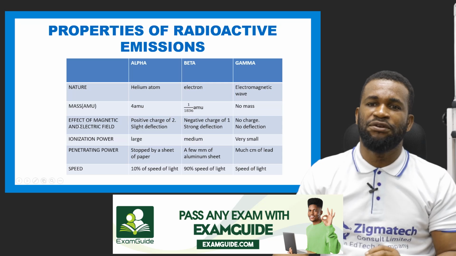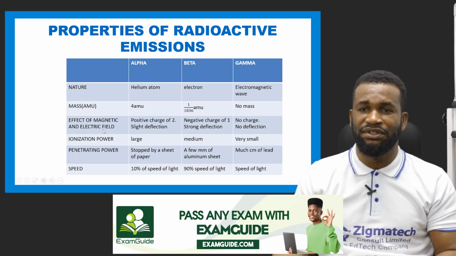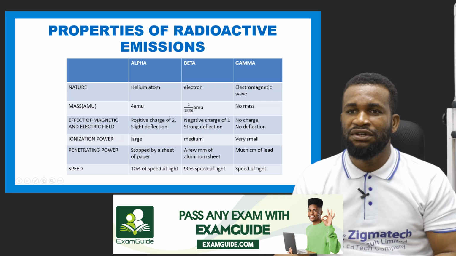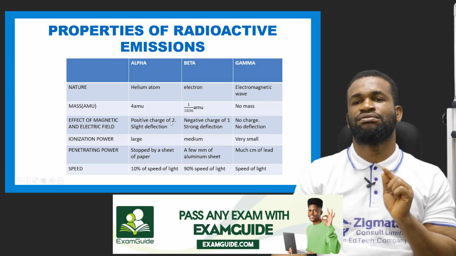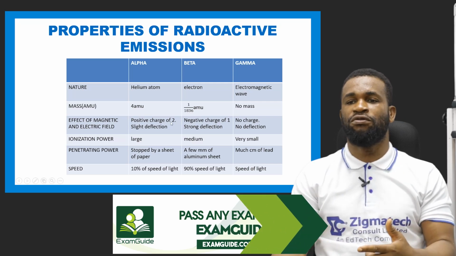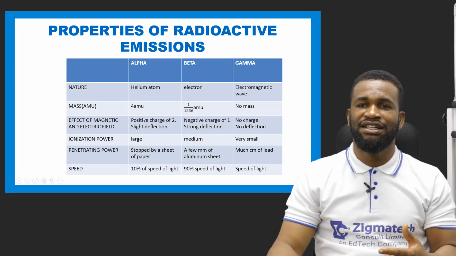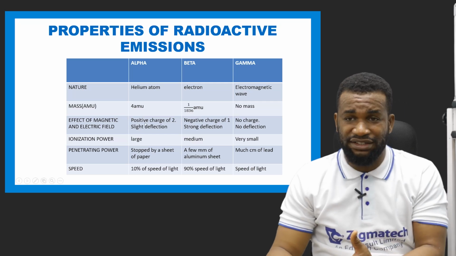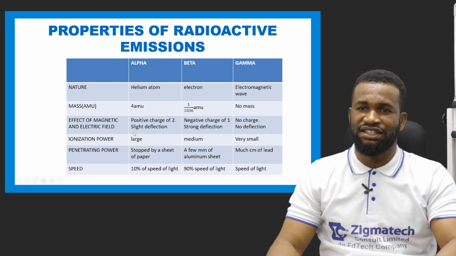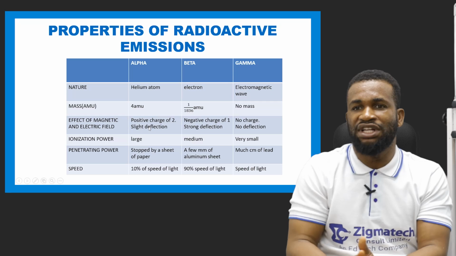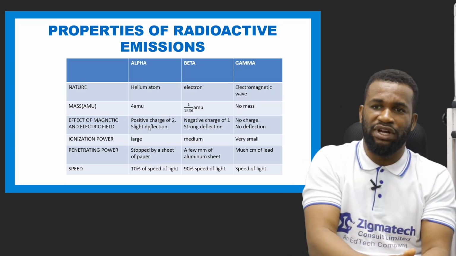In terms of the effect of magnetic and electric fields, the alpha particle has a positive charge of 2 units of charge, and it deflects when you put it in a magnetic field. It deflects to show that it has a charge of polarity.